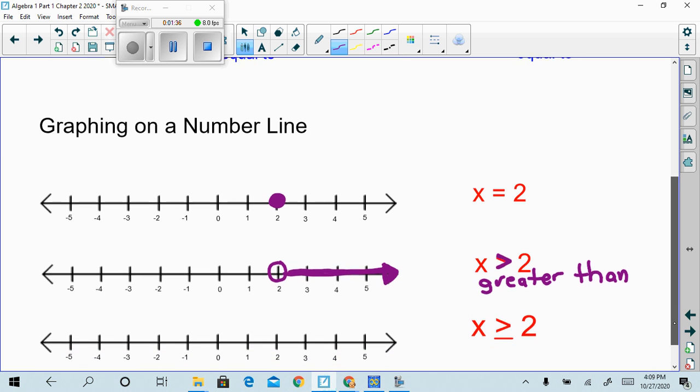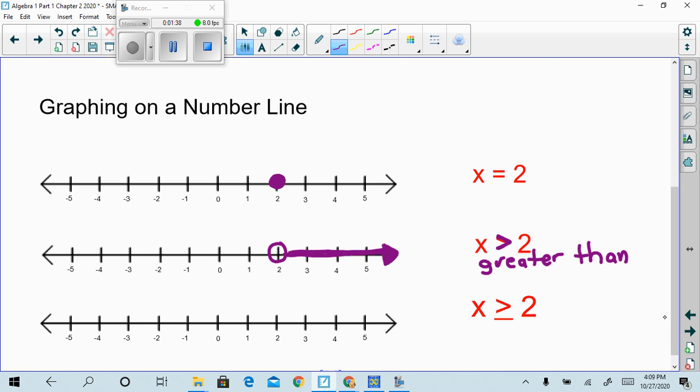We then could go on to the symbol that says greater than or equal to. It could be greater than or equal to 2.